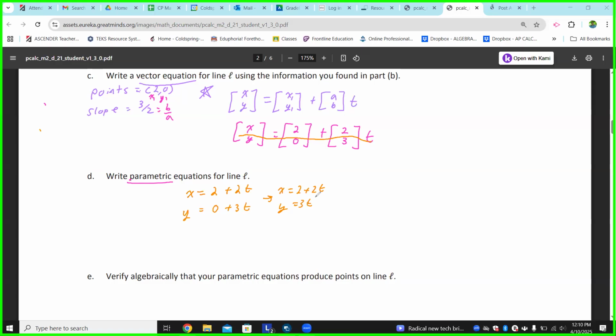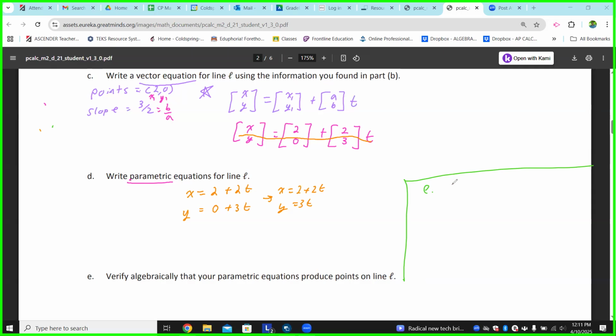On part E here, we're going to verify this algebraically by doing that table I started showing y'all. So I'm going to write E here, but I'm going to write it up a little bit higher. So this will be my E. You probably have enough room on your E. I just don't feel like scrolling down.